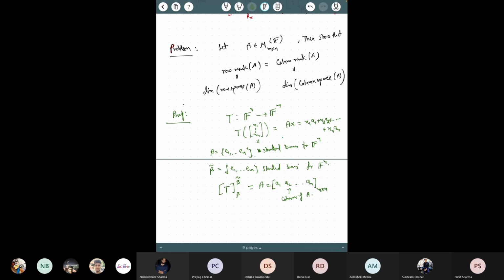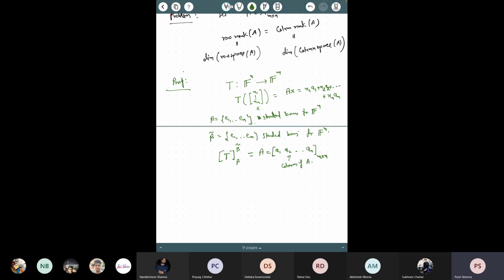So from here, you can verify that this map T is linear. And what is the column space of A, or let's say the range space of T? What is the range of T here?